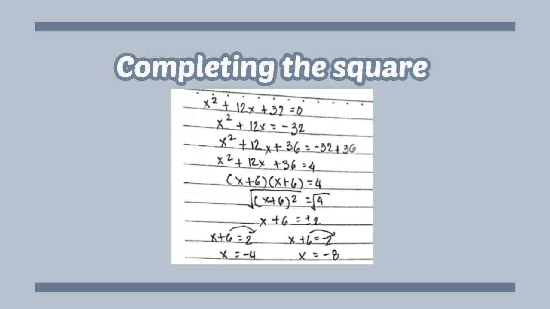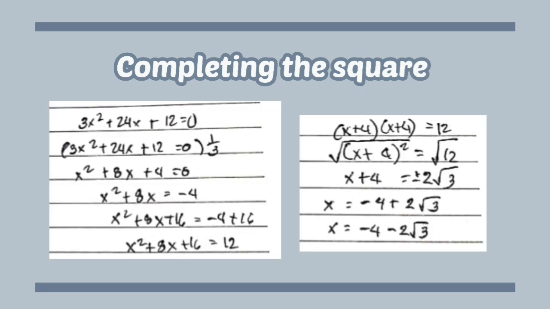Consequently, factor the equation with the square of a binomial. Then we will get x plus 6 squared. Then apply square roots to solve x. The final answer would be negative 4 and negative 8. As before, you can double check your answers by substituting x in the original equation.